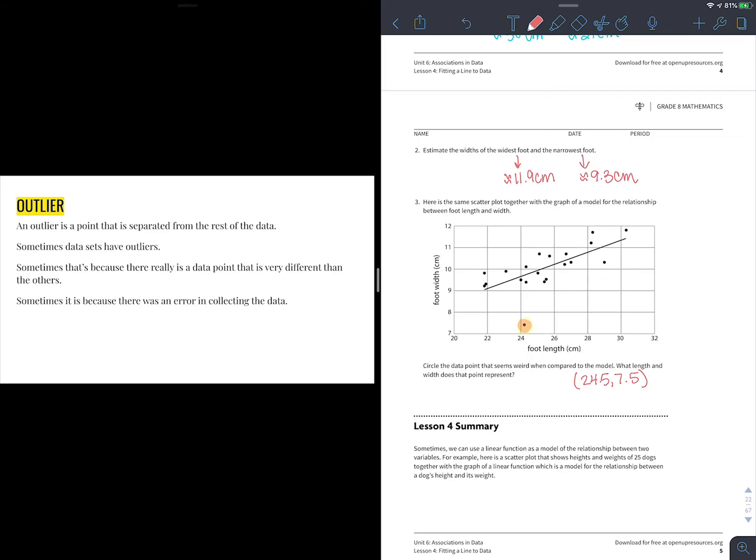So sometimes there can be errors in entering the data versus collecting it. But when there are outliers, you have to make a judgment about whether or not to include it in the analysis, because it does affect your data, especially when there is just one point that doesn't seem to make sense.